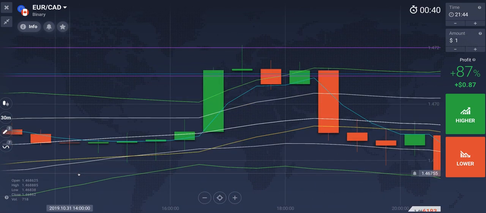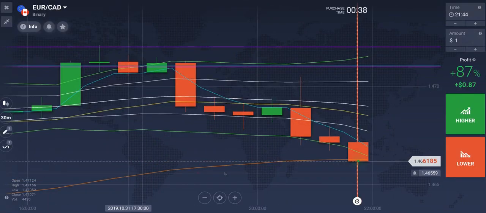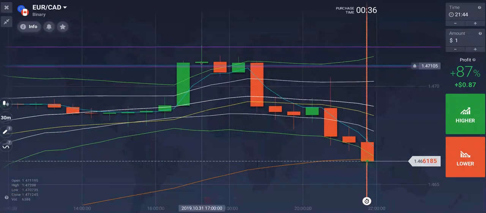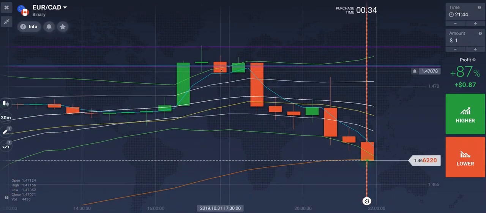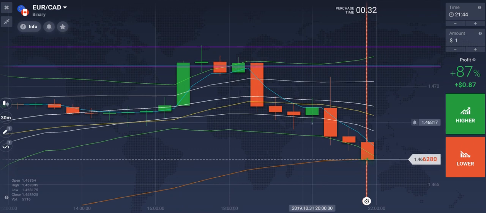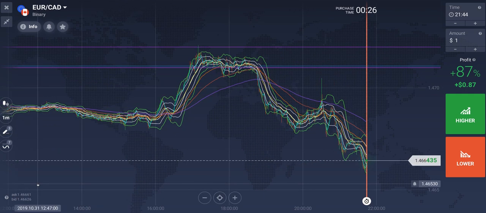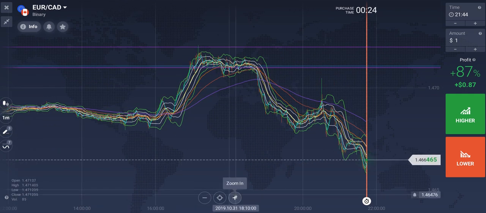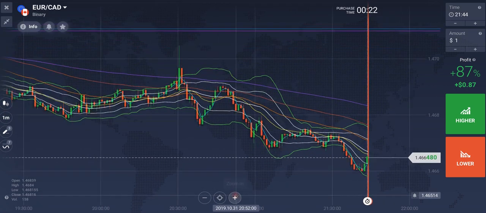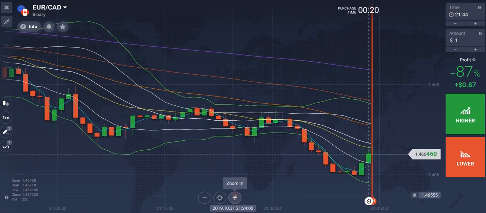You look at the 30-minute chart, you see consolidation, and then finally breakout. So even though you're trading 1 minute, it's also good to take note of market bias on a larger time frame. So you have what we call a multi-time frame advantage.